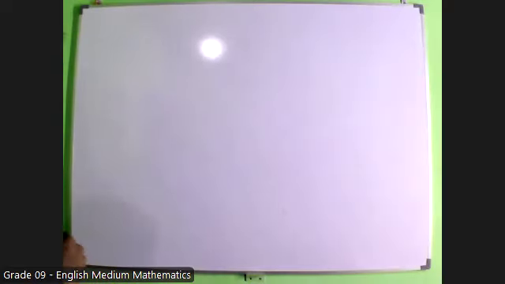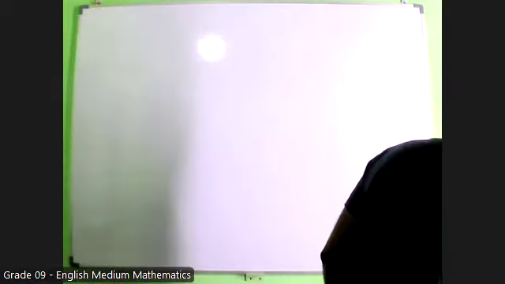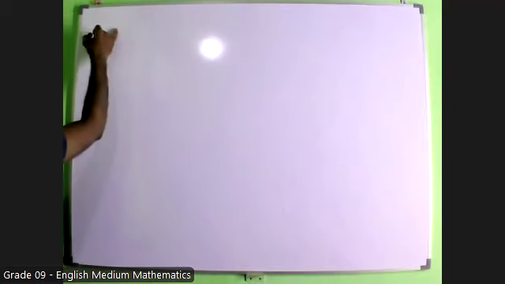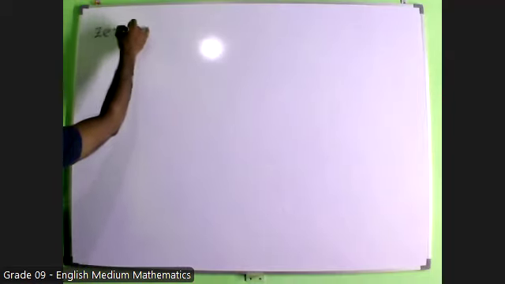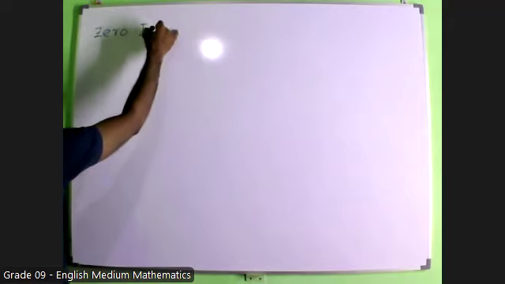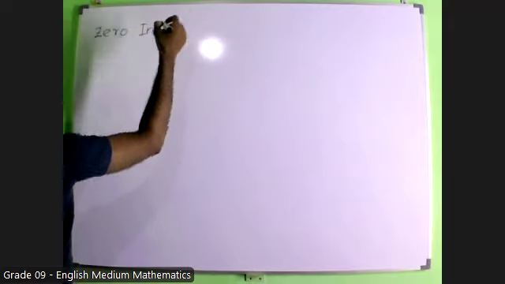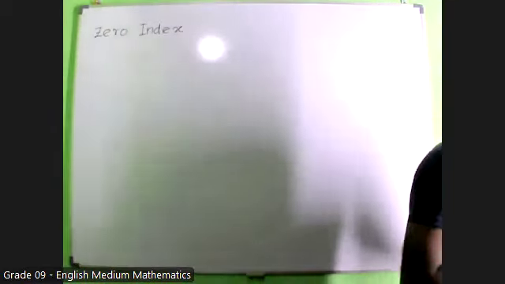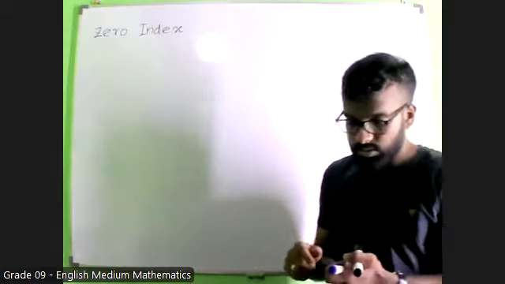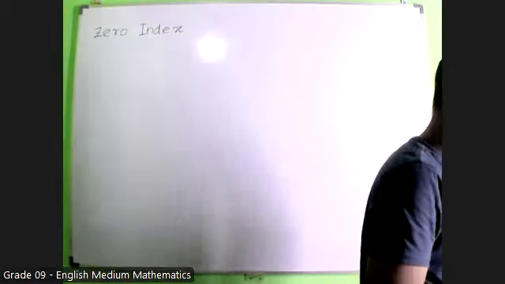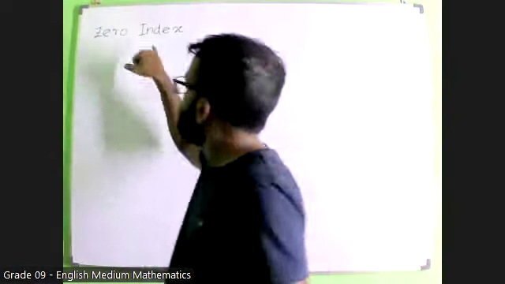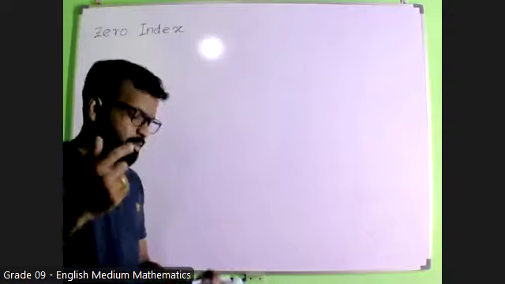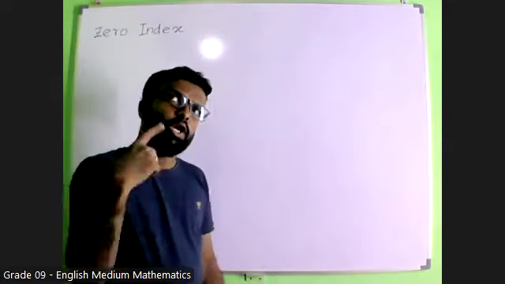Write down the subtitle: zero index. So basically by looking at the subtitle, you can understand something like zero index.